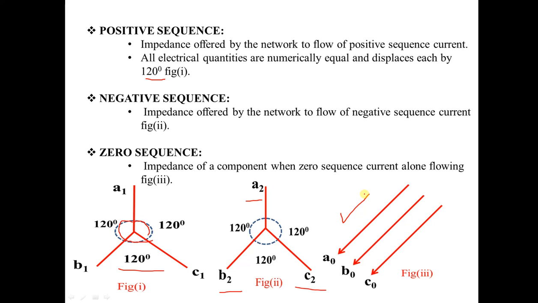The zero sequence impedance depends upon the path taken by the zero sequence current, so it is usually different from the positive or negative sequence impedance.